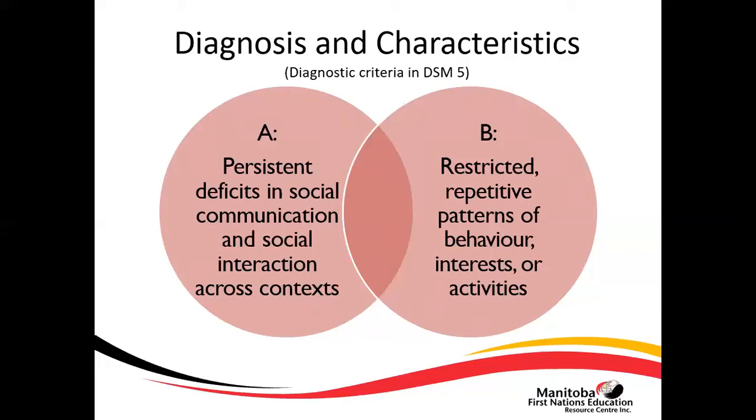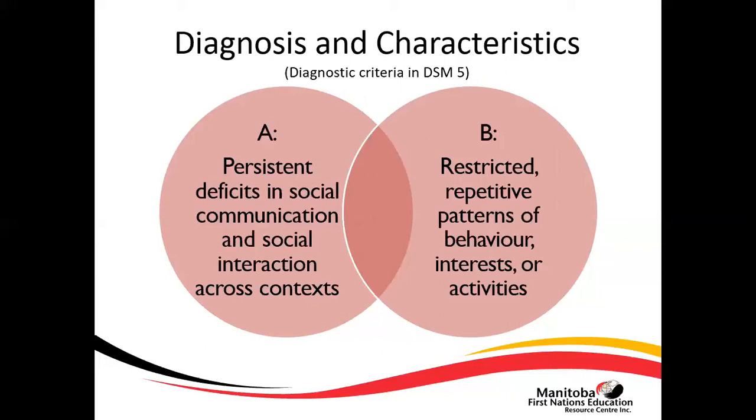And then criterion B states that there are restricted repetitive patterns of behavior, interests, or activities. So this would include behaviors such as always needing to line up their toys a certain way in a certain order, hand flapping, echolalia, so repeating back what others are saying, insistence on sameness, ritualized routines or rigid thinking.